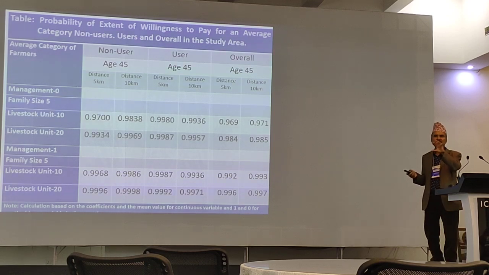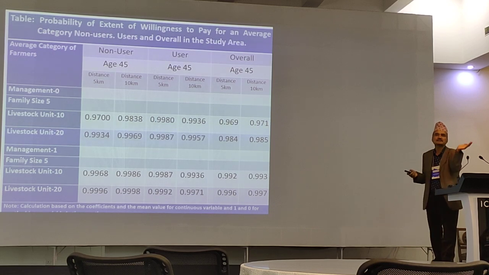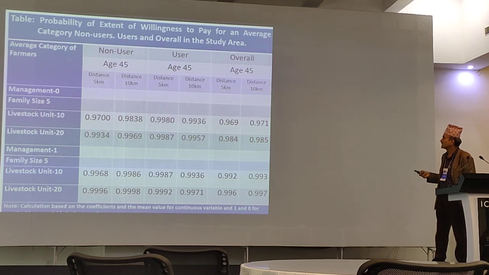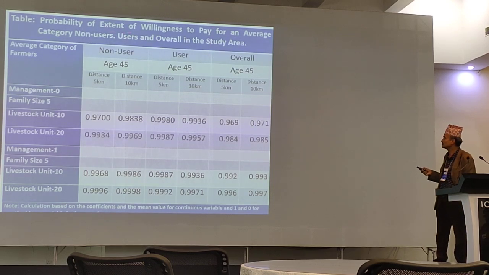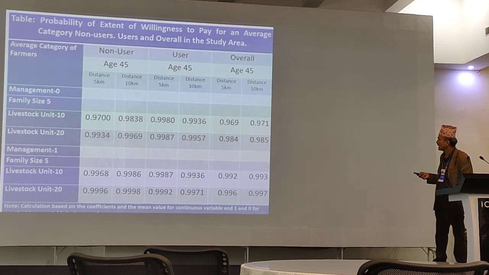If you don't know the probability, then you are not going to estimate the other things. So I used this probability method to find the payment for an average category of users, non-users, and overall. I put age 45, and 5 kilometers distance from the pasture.